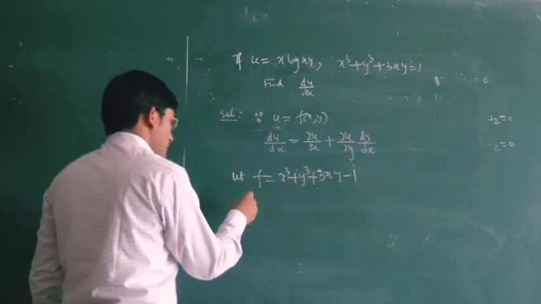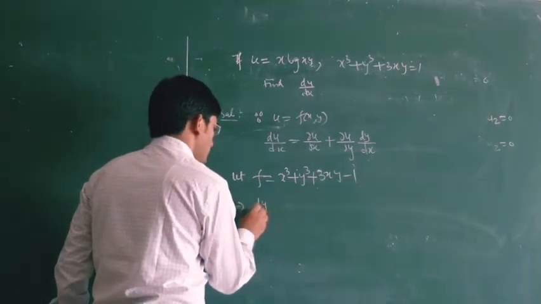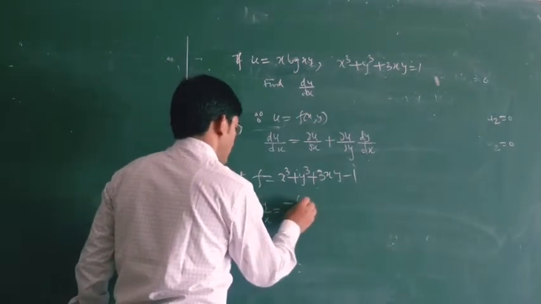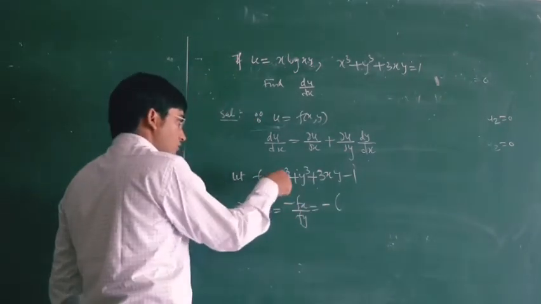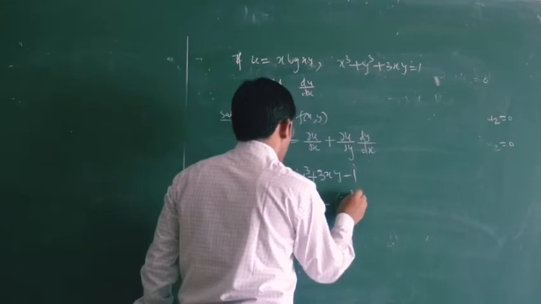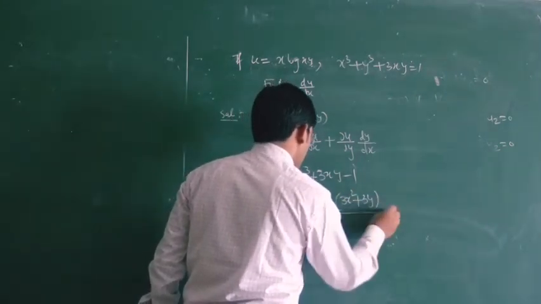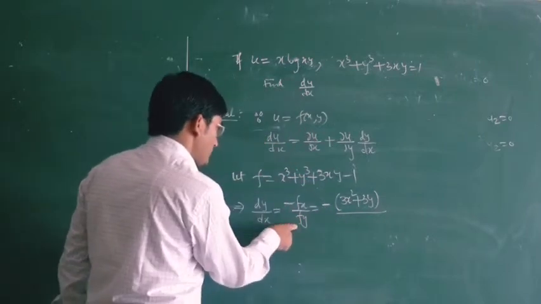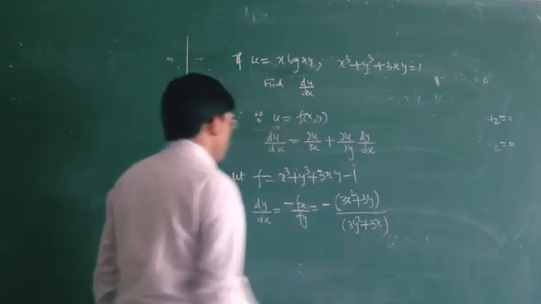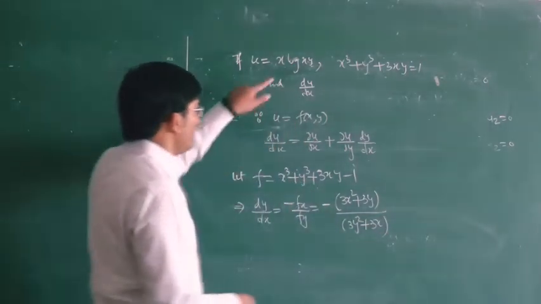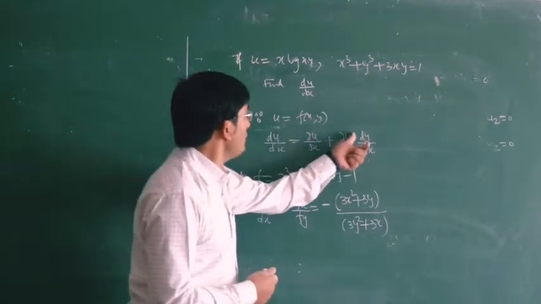Now using the definition of implicit function, our dy by dx will be minus fx upon fy, and this is equal to the partial differentiation of f with respect to x, which will be 3x square plus 3y, divided by the partial differentiation with respect to y, which will be 3y square plus 3x. So we have the value of dy by dx. Now from here we can get the value of del u upon del x and del u upon del y.